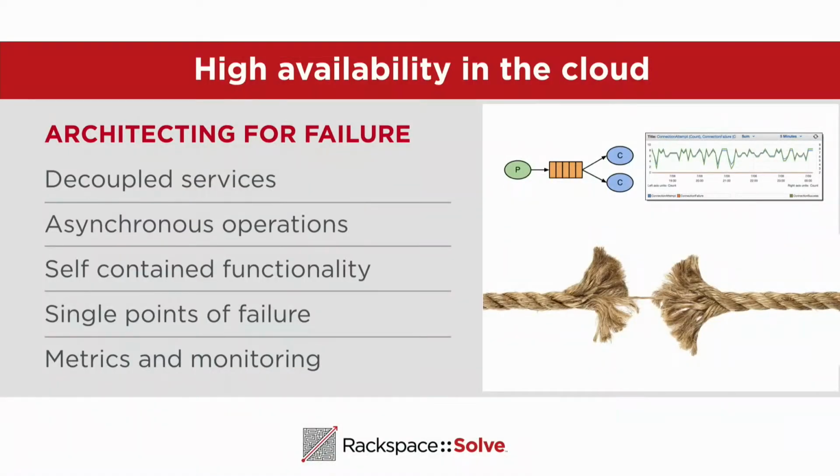One of the other things that we want to do in our highly available architecture is identify single points of failure. And there are obvious places where these occur. Thinking about our simple software stack that we showed, where we have a web server, maybe an app server, and a database, obviously each one of those is a single point of failure.